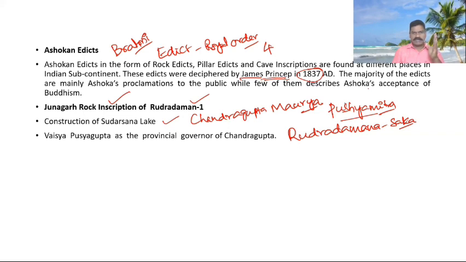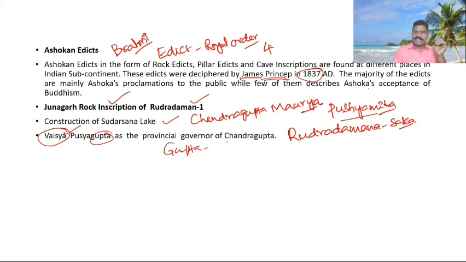Sudarshana Lake was constructed by the Vaishya Pushyagupta. The name Gupta indicates the Vaishya clan. This Pushyagupta was a brother-in-law of Chandragupta Maurya, which shows that Chandragupta Maurya belonged to the Vaishya clan.